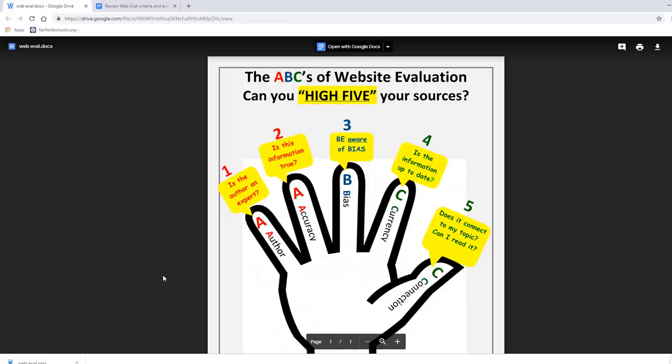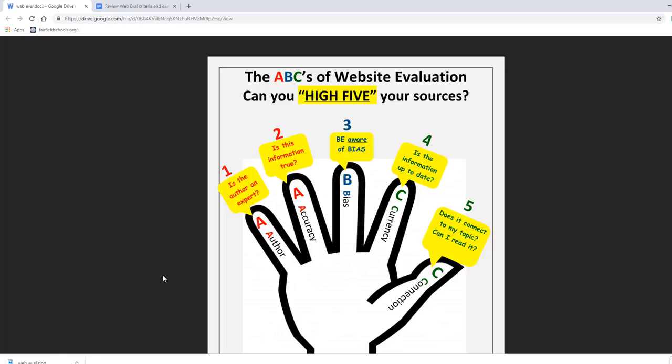We call them the ABCs of website evaluation, and we want to make sure that the website you choose is a 4 or a 5. So let's take a look. You want to make sure that the author is an expert. And the author could be a company too. So National Geographic, it's not a person, but it's an author of a lot of information online.